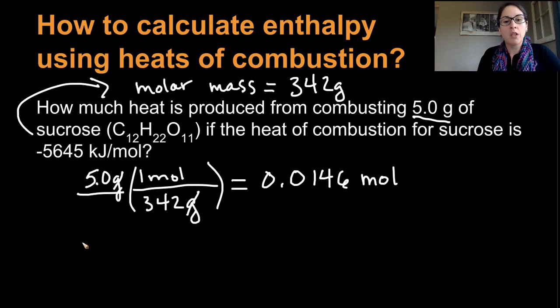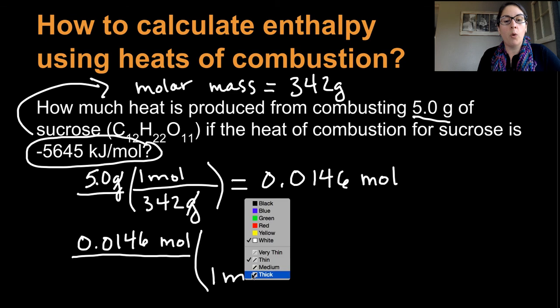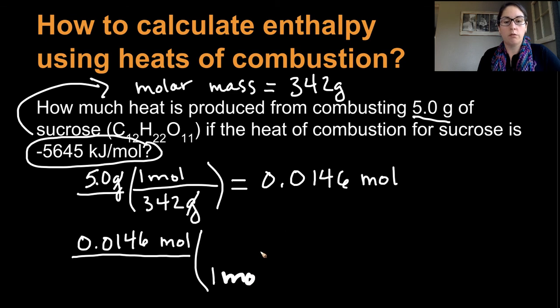Now, I can do this as a two-step conversion if I want to, but I'm going to separate them out. So now I'm going to take that value, and I have this conversion factor. It says for every 1 mole, there are negative 5,645 kilojoules.